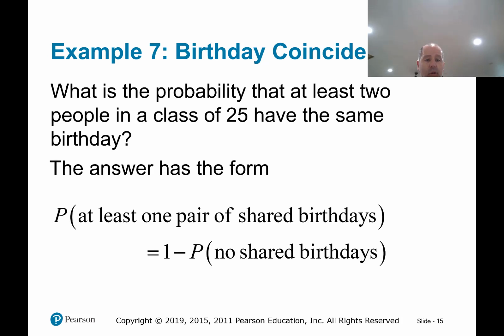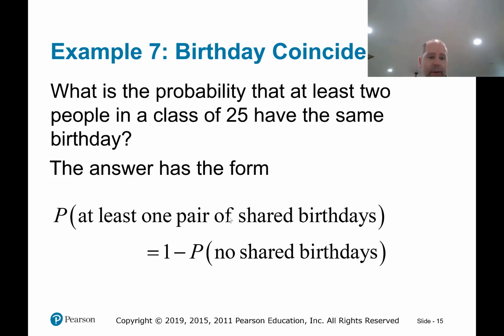We're going to answer this using the complement rule, because to calculate the probability that at least 2 people have the same birthday directly would be a lot of calculations. So it's going to be easier using the complement rule in this case, like I mentioned before.